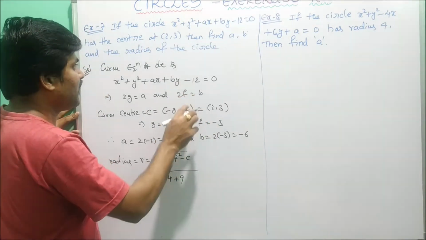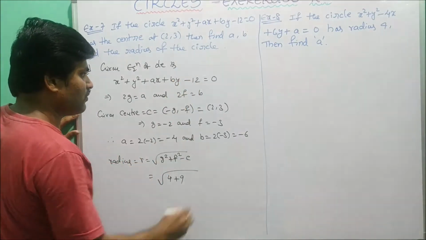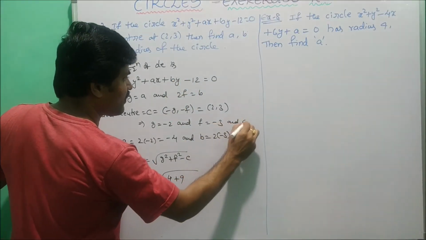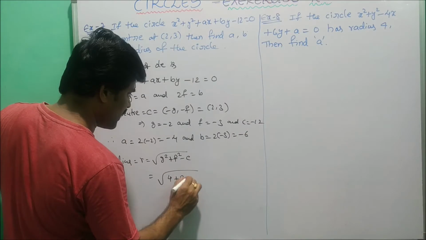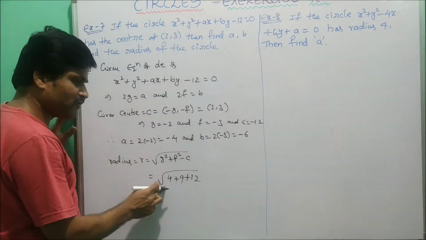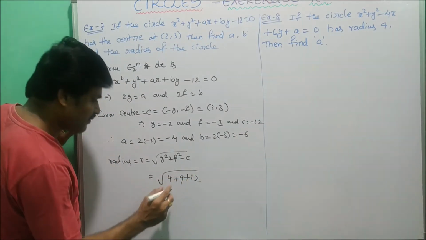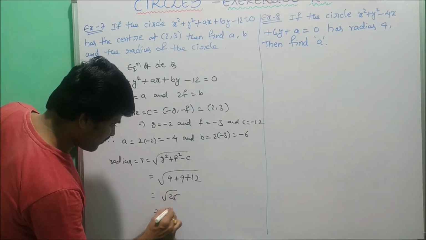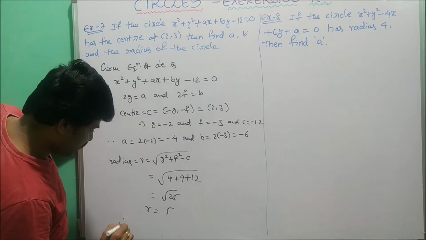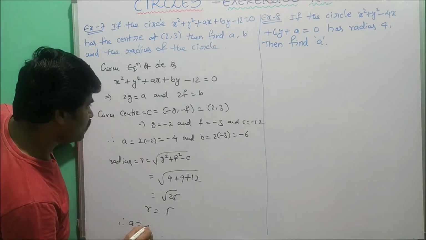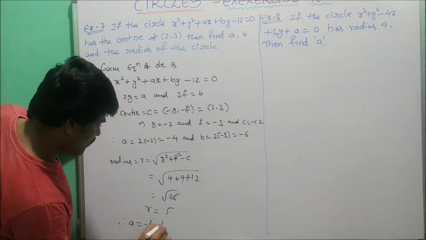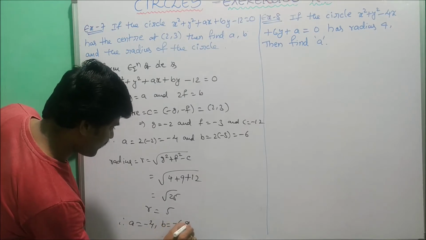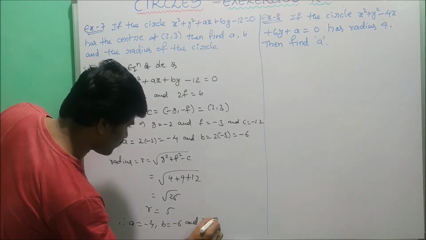Minus c, and c equals minus 12, so minus of minus is plus 12. So 12 plus 4 is 16, 16 plus 9 is square root 25. Now square root 25 means 5. This is the radius. Therefore, a equals minus 4, b equals minus 6, and radius r equals 5.